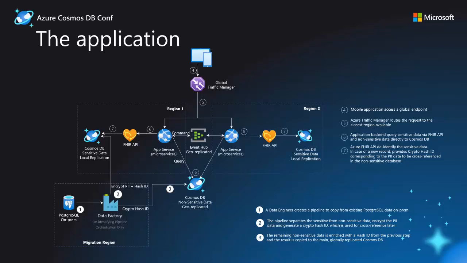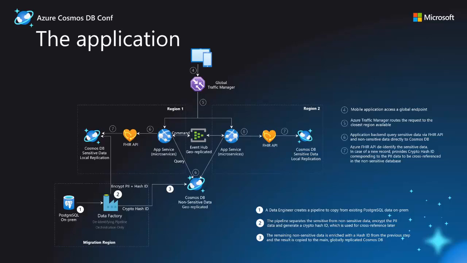One is the globally replicated non-sensitive data, which is the majority of the data, and a small portion of data, which is the personal data like steps, night cycle, or weight, or calories, and things like that, which are protected through our service called the FHIR API, a service for managing healthcare data in a secure and compliant way.